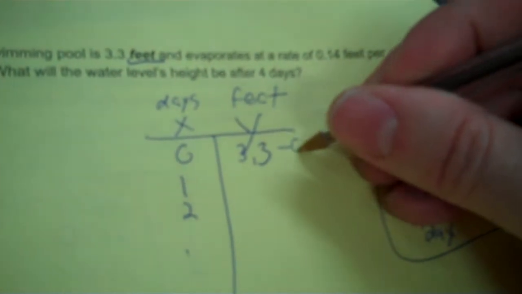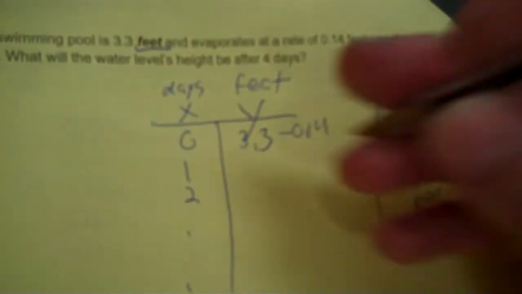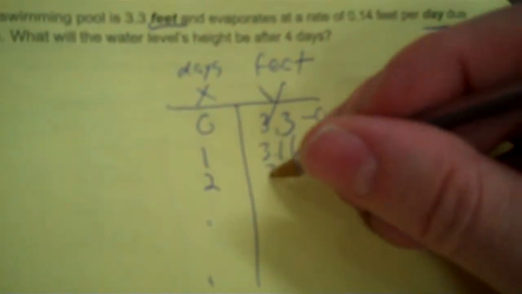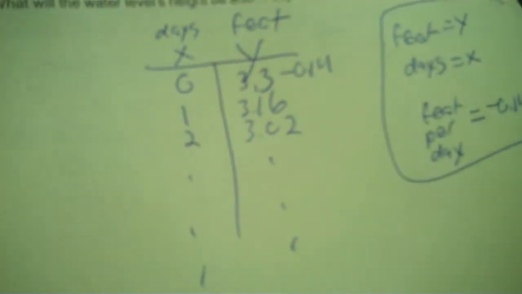Then we minus 0.14. 3.16. 3.02, and then that keeps going. Keep going until you got to 0.